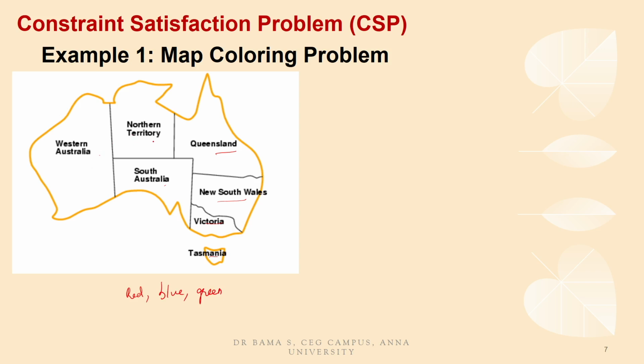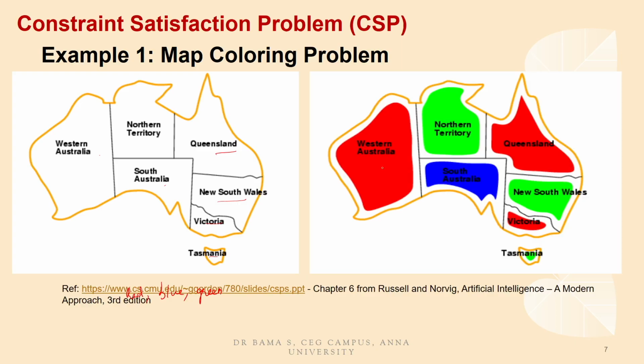So, it is very similar to the graph coloring problem. This is the solution, with red, green and blue we can color the regions such that no 2 adjacent regions share the same color. First example.